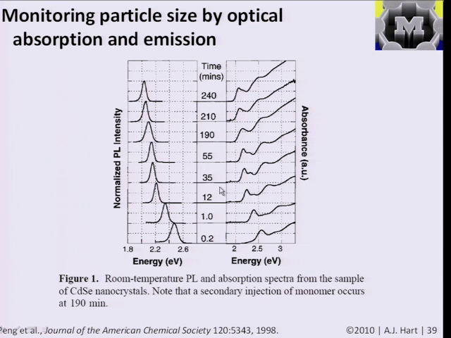So right at the nucleation process, the particles emerge, and then many minutes up to several hours after, and you can see that the energy of emission is decreasing with time, which means that the particles are getting bigger. So there you can see you can monitor the absorption spectrum and the photoluminescence emission spectrum. And if you know the relationship, just the basic model we had in terms of band gap, it's possible to monitor the size of the structures versus time.